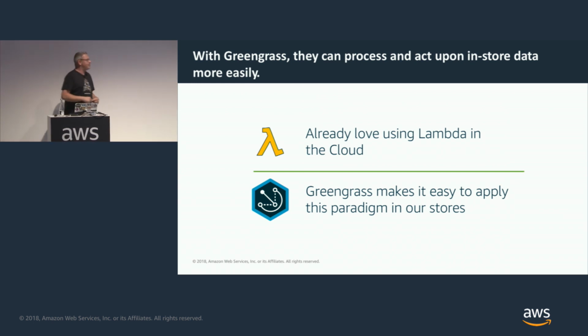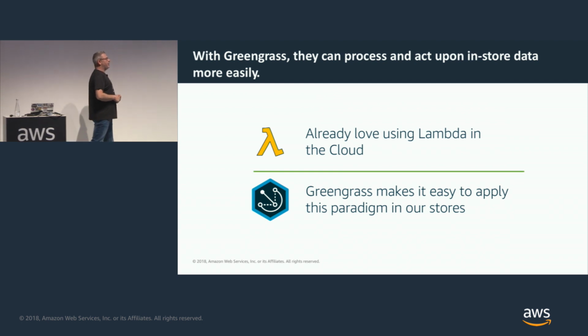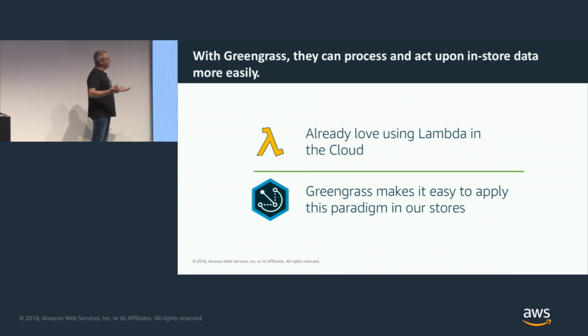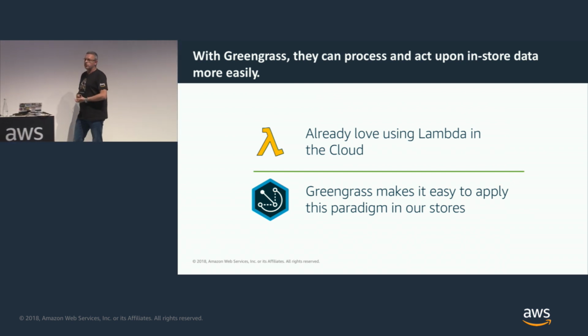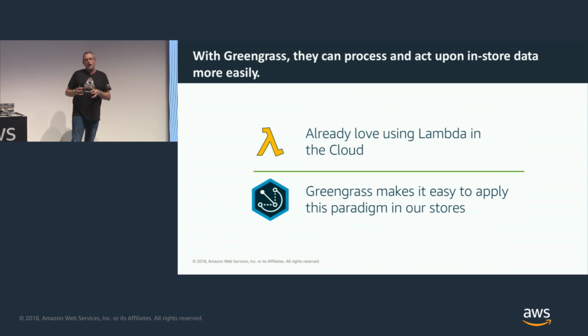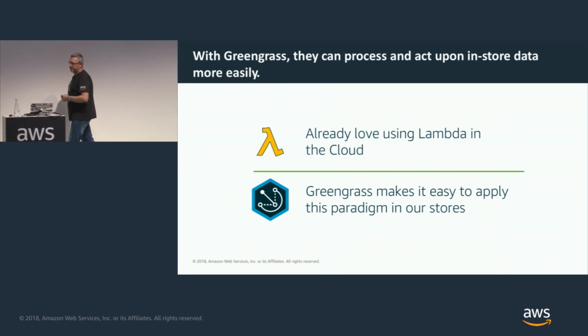And the fact that they can distribute it very, very fast in very large numbers of stores makes it very easy for them to apply this technology and get something like an online world experience in the physical world. And this is just one example. There are many, many others.